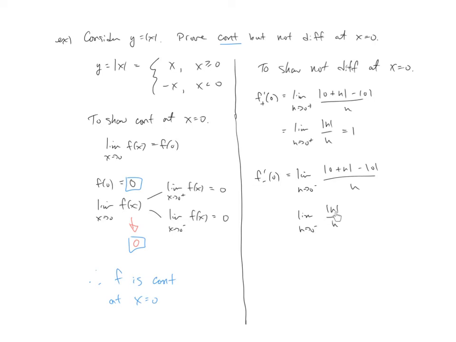And while the numerator is always positive, if the denominator is negative, this is going to give us our negative 1. And so you can see the right hand and the left hand are not equal. Therefore, f is not differentiable at x equals 0.